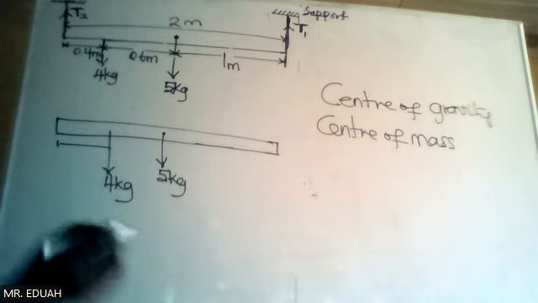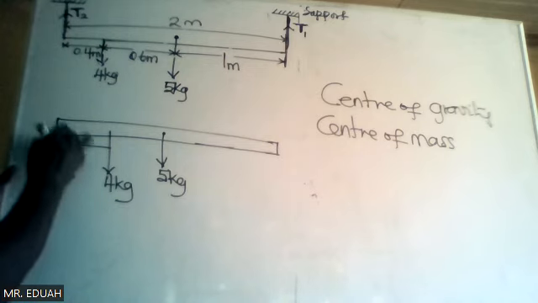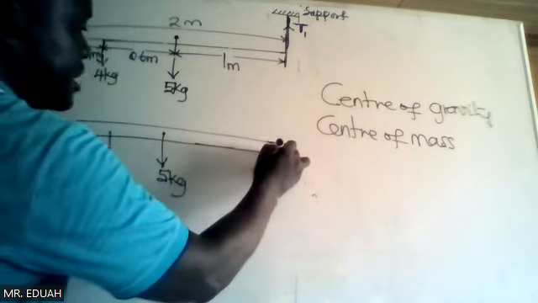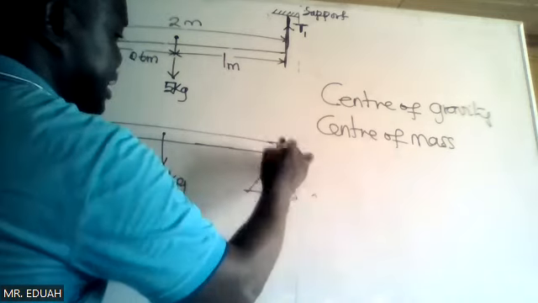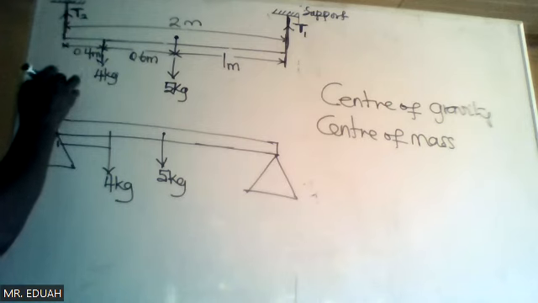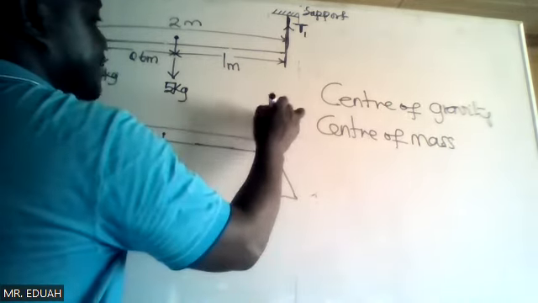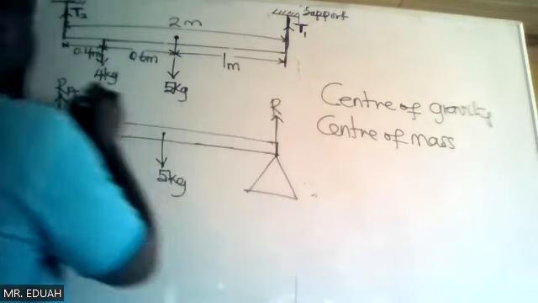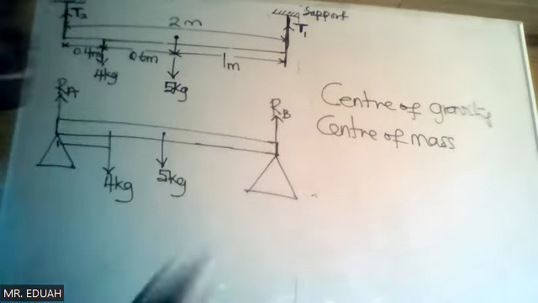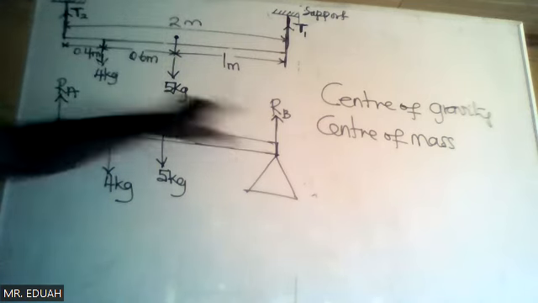You've been told that it is pivoted at both ends, and the question is to calculate the reactions at these ends, RA and RB. This is similar. So here, the tensions are the reactions.